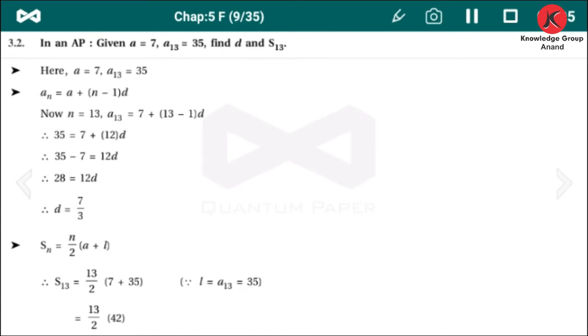Question 3, number 2. In an AP, given a = 7, a13 = 35, find d and S13.